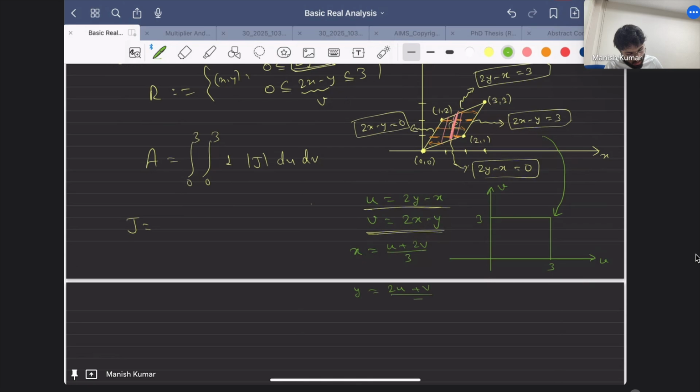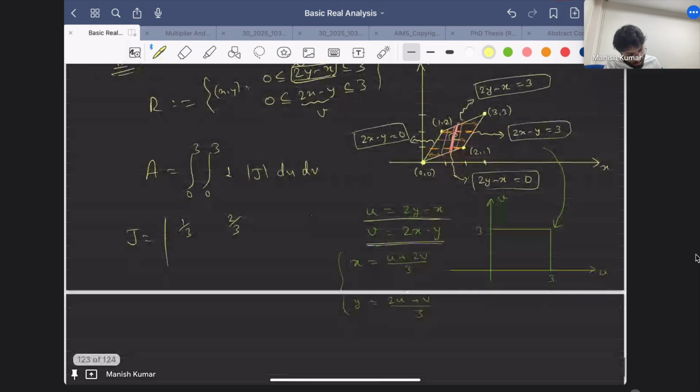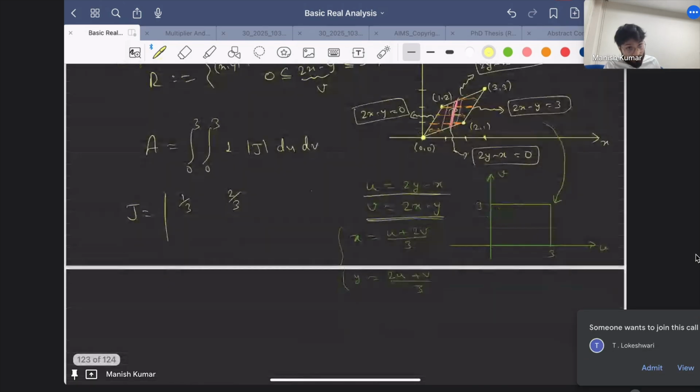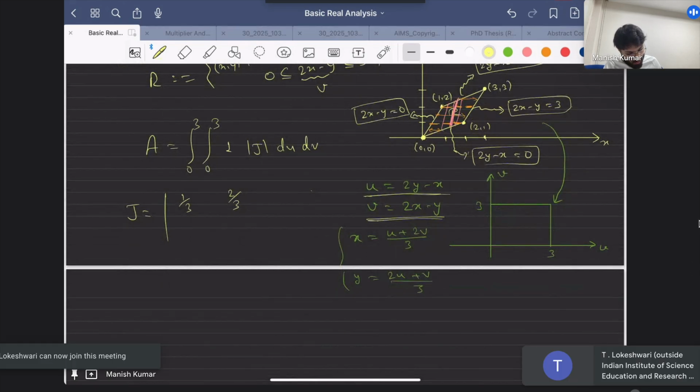So the Jacobian over here would be the determinant of 1 by 3, 2 by 3, and then 2 by 3, 1 by 3.